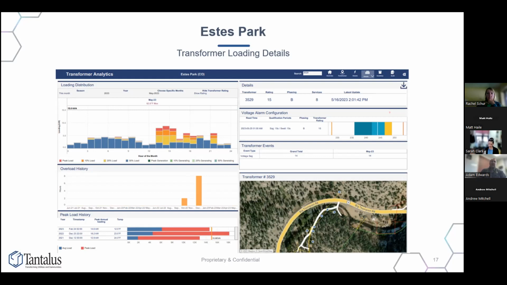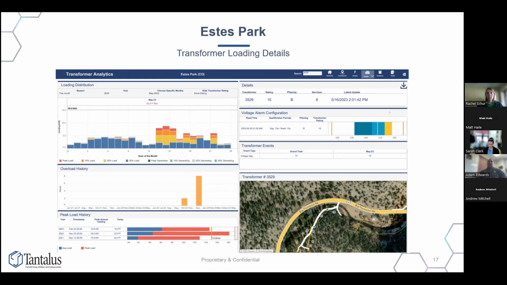People call and say, hey, I want to upgrade my service to 200 amps. In the past, I don't know what everyone else is doing, but it's always been kind of this magical rule of thumb of how many KVA per 200 amp service, or some places use 5 KVA, some do 2, some do 3, and you never really knew.